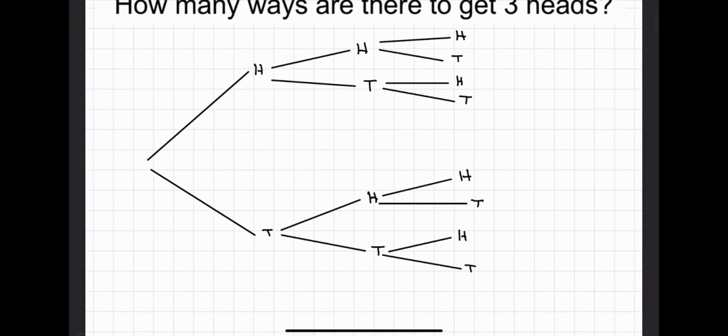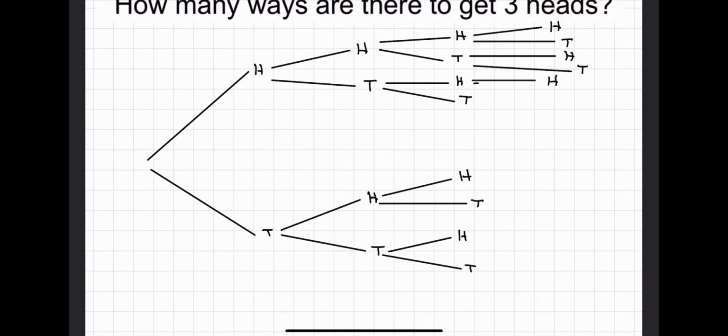And now my fourth toss, my final toss, you either get a heads or a tails. Heads, tails. This is just getting out of hand. It's really messy.